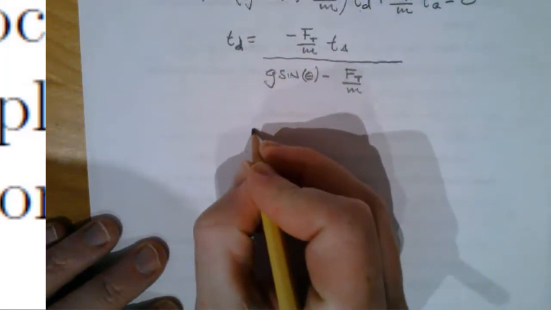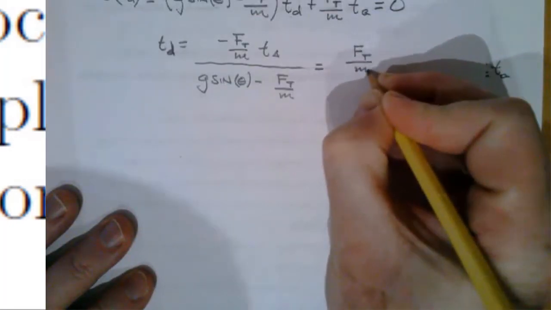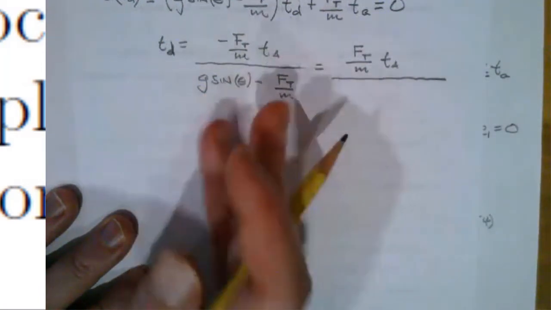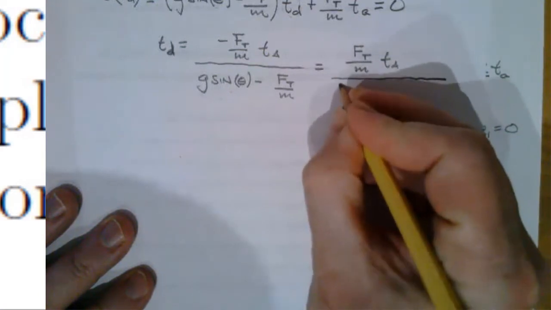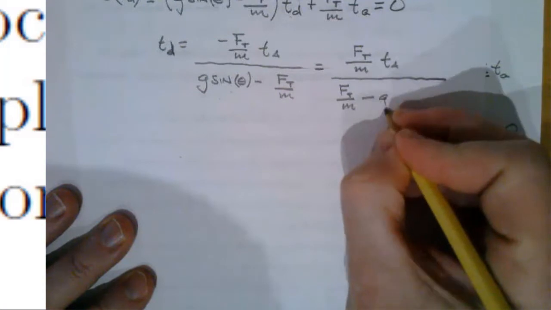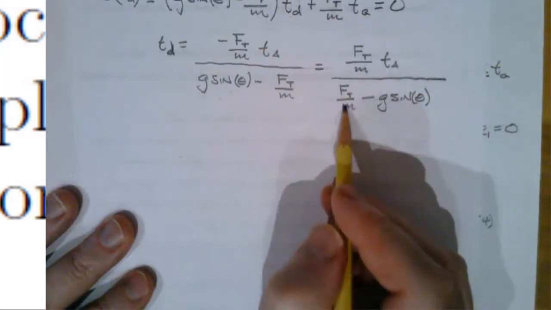This is going to be the same as Ft over M Ta, and let's switch the order of the difference in the denominator, so Ft over M minus G sine theta. Essentially what I've done is multiply both top and bottom by -1. I like that a little bit better.